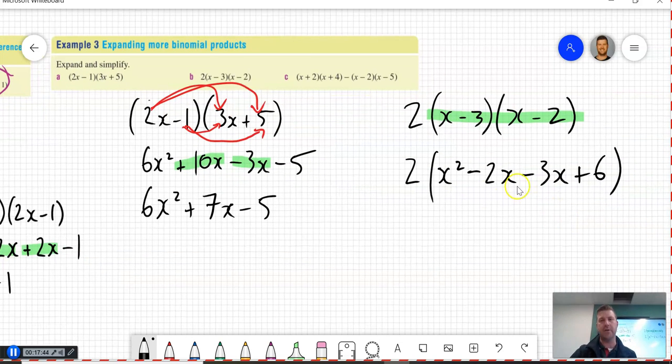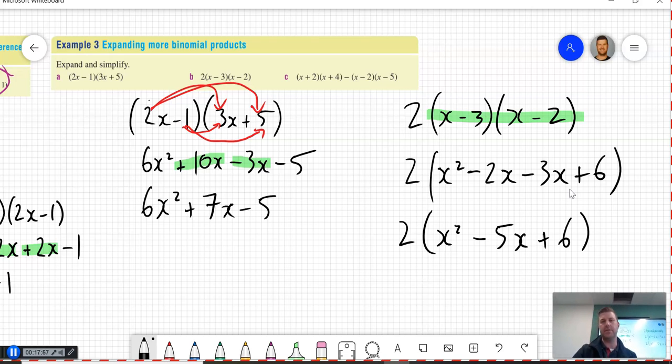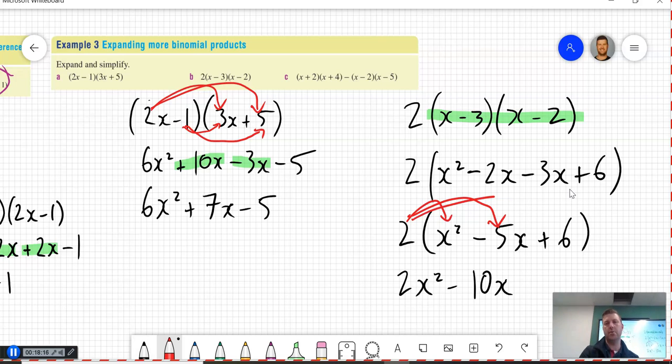So let's collect those like terms first, just to make it a bit easier. 2 in brackets, x squared, take 5x plus 6, and then I do 2 times x squared, 2x squared, 2 times negative 5x, which is minus 10x, and then 2 times positive 6, which is positive 12.